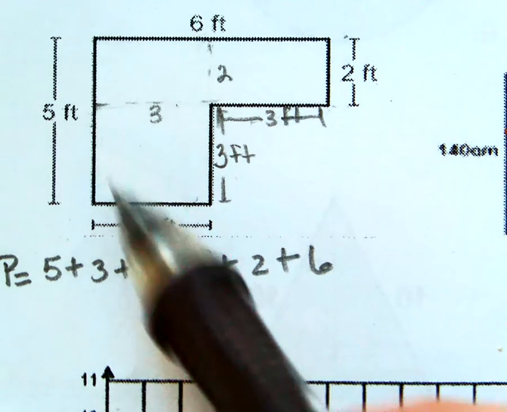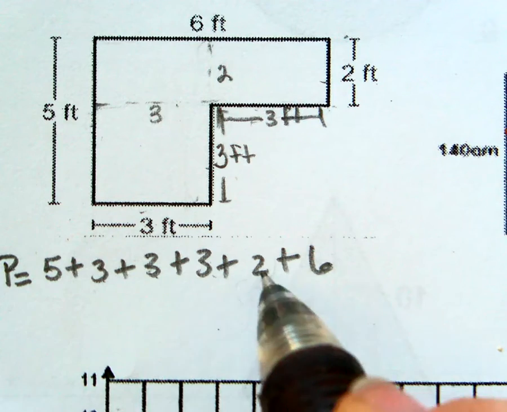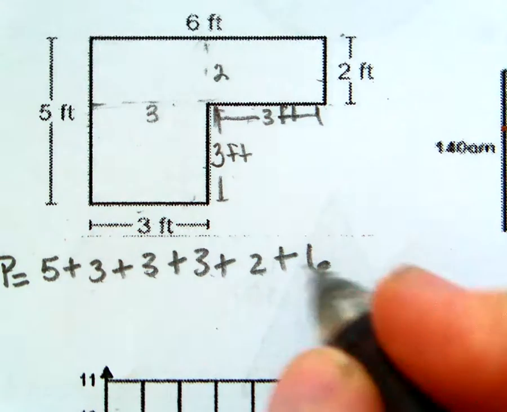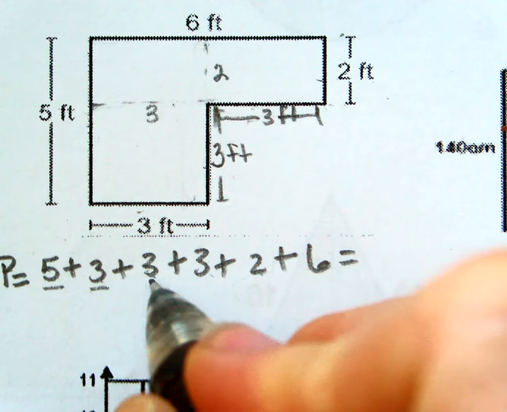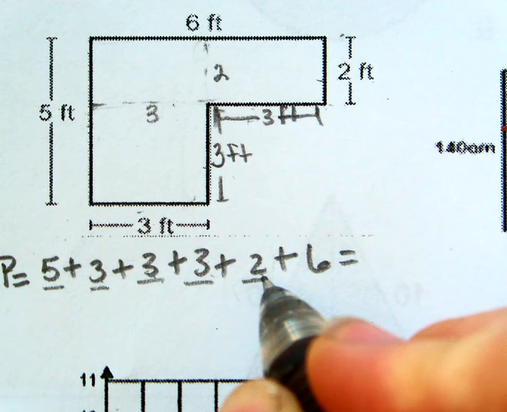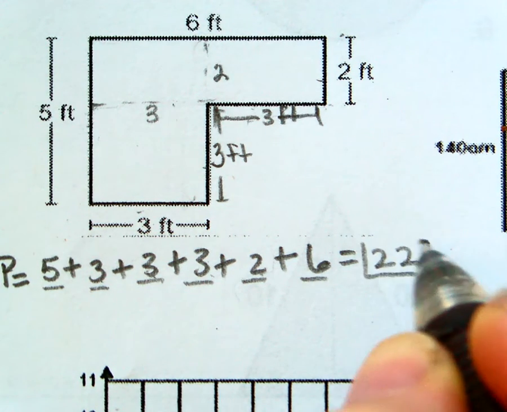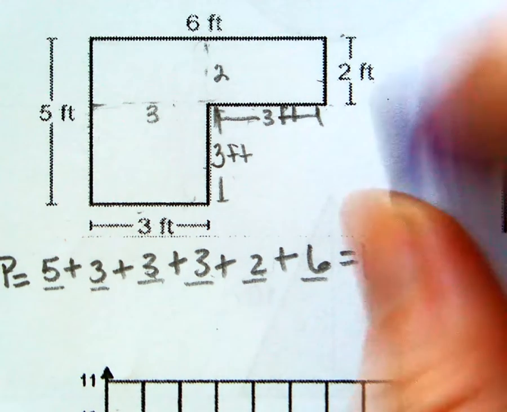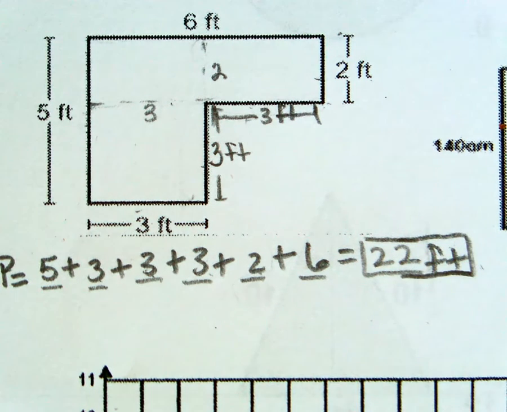So I'm going to count 1, 2, 3, 4, 5, 6 sides, 1, 2, 3, 4, 5, 6 numbers, and I end up with a perimeter that is, let's see here, 5 and 3 makes 8, 9, 10, 11, 12, 13, 14, 15, 16, and 22. Let's put a unit on that, so that's going to be 22 feet. Okay.